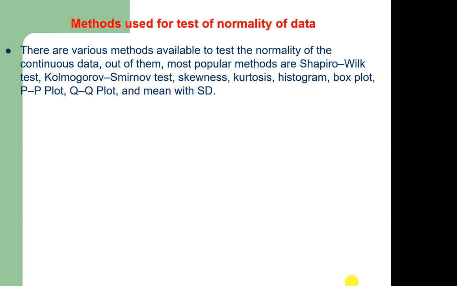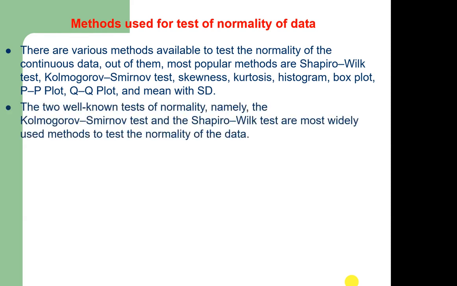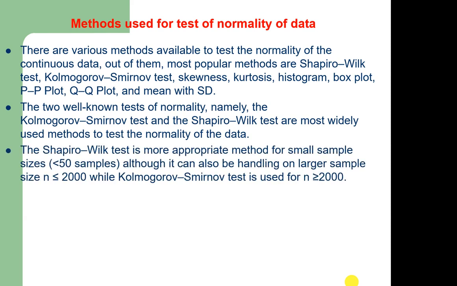There are a large number of methods which are used for normality of data. As I mentioned, the two well-known tests of normality, that is the Kolmogorov-Smirnov test and the Shapiro-Wilk test, are the most widely used methods to test the normality of data.